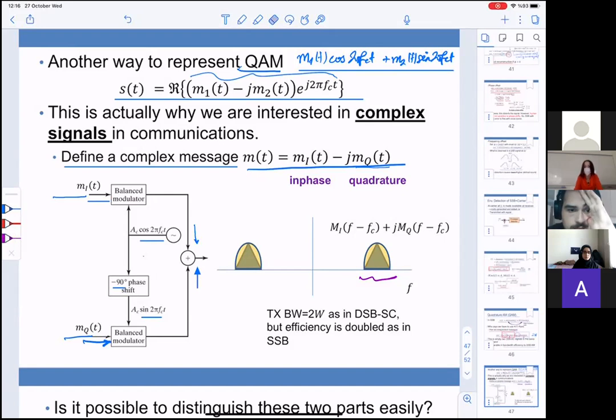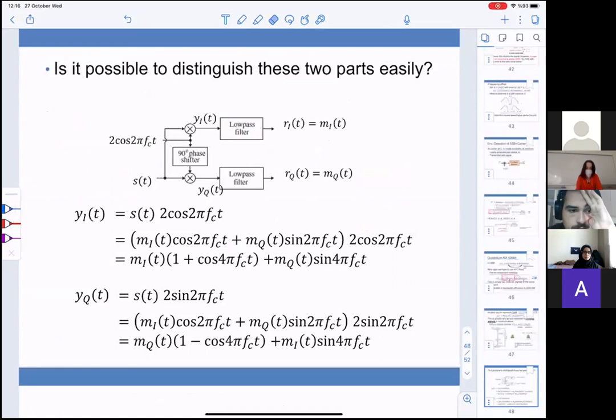As you will see now, we can demodulate them separately. How? Well, take the modulated signal, multiply with a cosine and multiply it by a sine separately, and separately low pass filter the results.